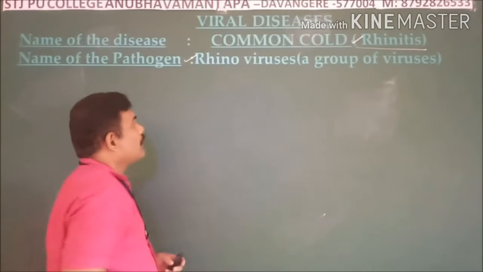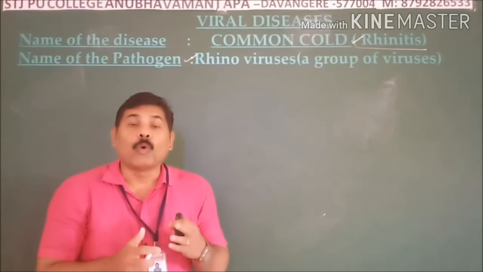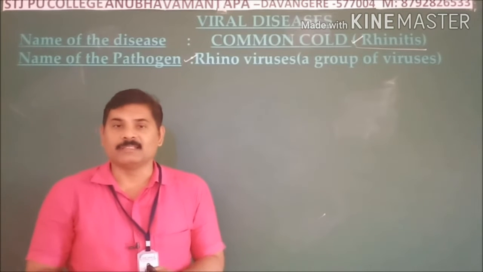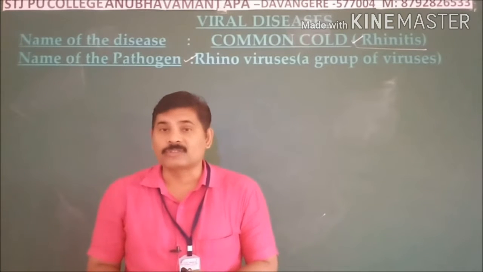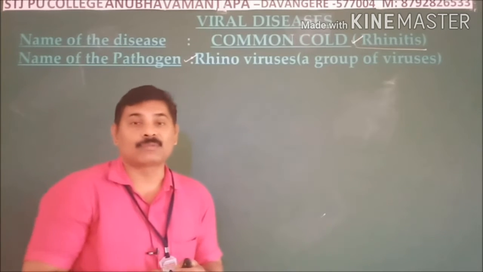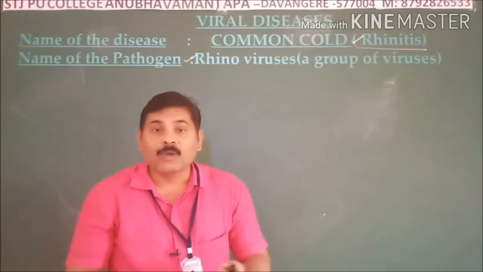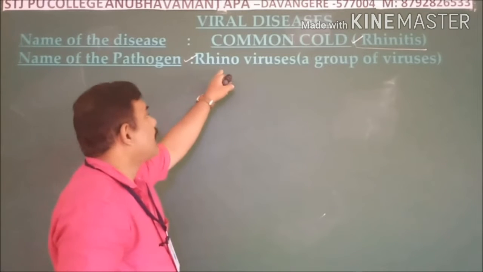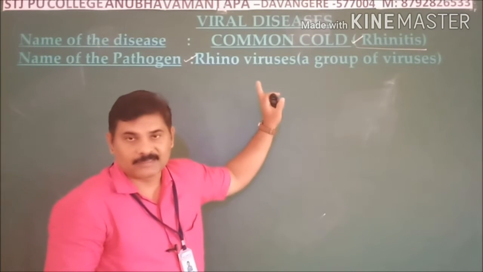The causative organism is rhinoviruses. The point is, the common cold is not caused by a single variety of virus. It is caused by various types of viruses, and all the viruses that cause the common cold are together known as the rhino group of viruses.